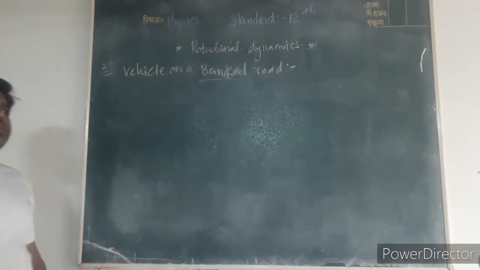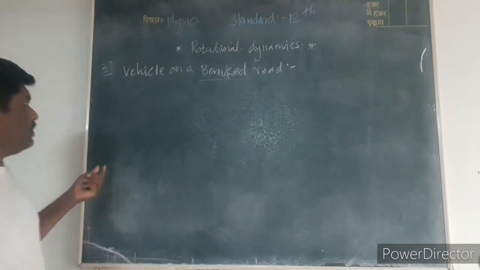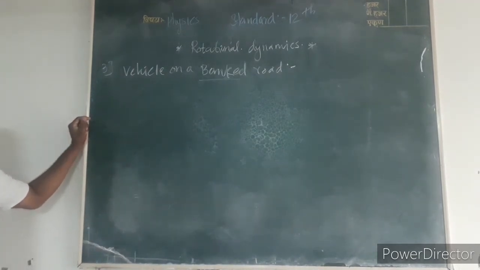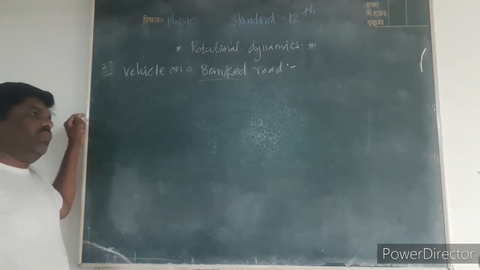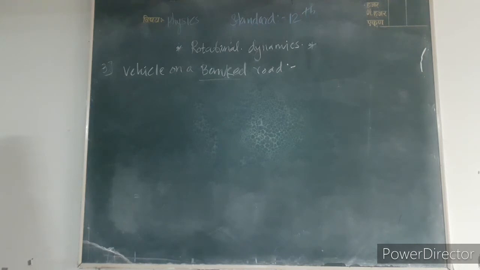If the road is like a curve or zigzag, then what is the speed of that vehicle when it is driven safely on this curved banked road?